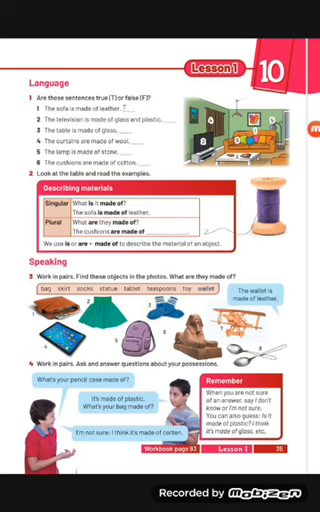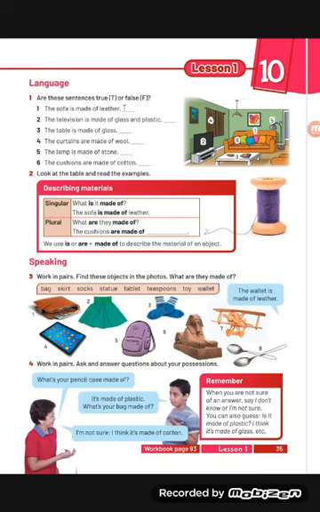Now here in exercise number 3, we have to work in pairs, finding these objects in the photo. Look at these objects in the photo and try to decide what they are made of. Number 1, what's this?